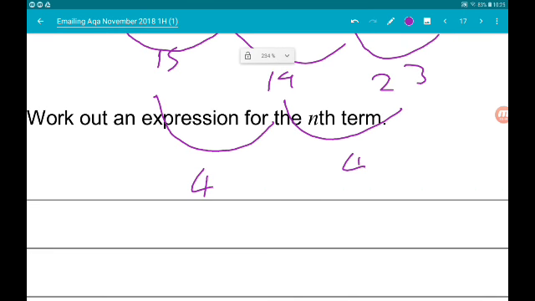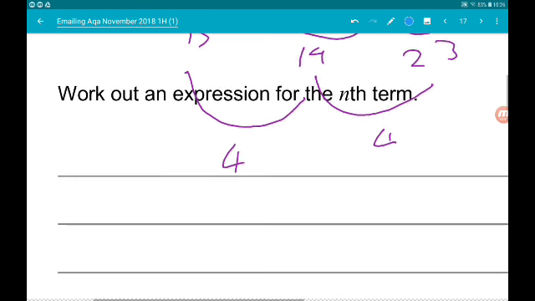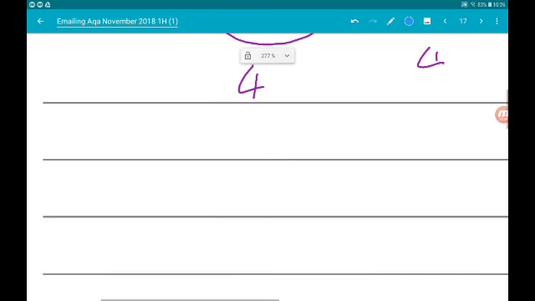Now that number halved tells us the n squared part of the sequence. So half of 4 is 2. So the quadratic part is 2n squared. Now we write down the first few terms of 2n squared. So it's 2 times our square numbers.